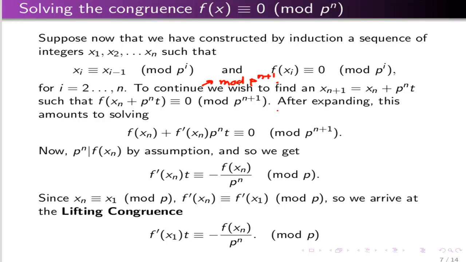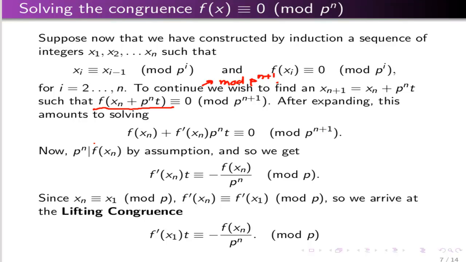Well, we do the same thing we just did. We do a Taylor expansion, and all of the higher order terms cancel out, and we just come up with this congruence. f of xn plus f prime times p to the n t, so that's the first order expansion of this polynomial right here, should be congruent to 0 mod p to the n plus 1.